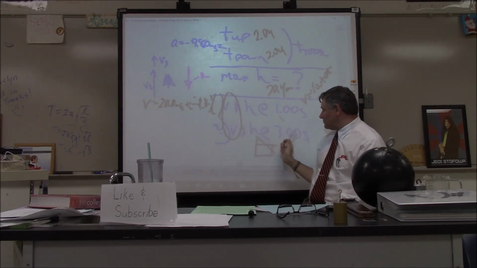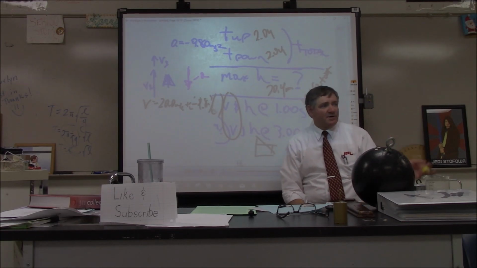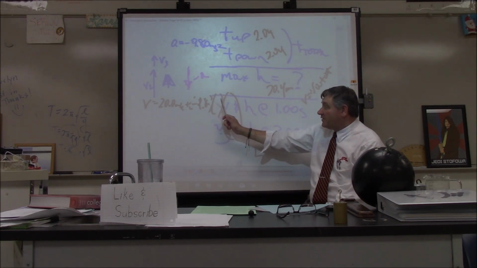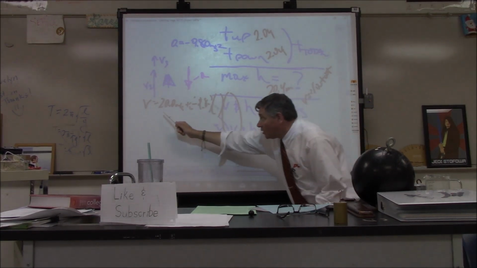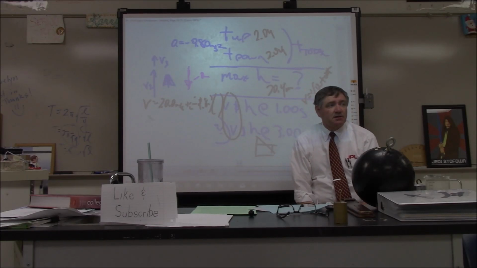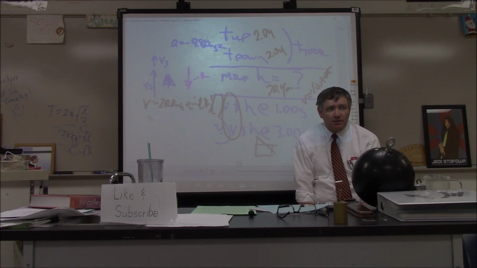Plug in 1 second, plug in 3 seconds, plug in whatever. Now, if you plug in 4.08 seconds, what are you going to get for that velocity? The velocity of impact.